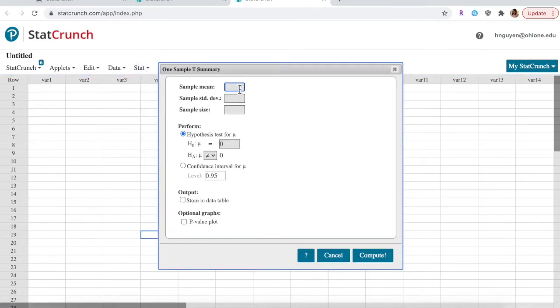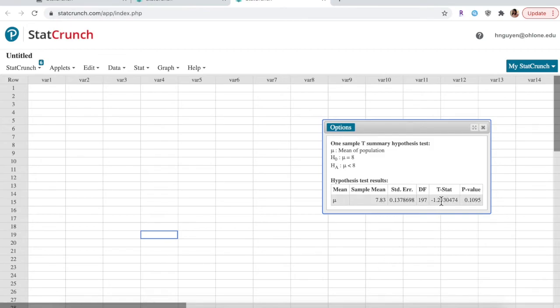Sample mean, 7.83. Sample standard deviation, 1.94. Sample size, 198. For H0, mu equals 8. And for HA, I will choose less than and compute. This is my test statistic, and this is my p-value.